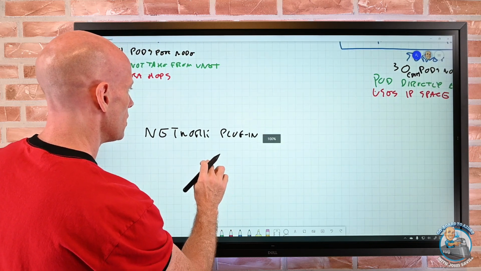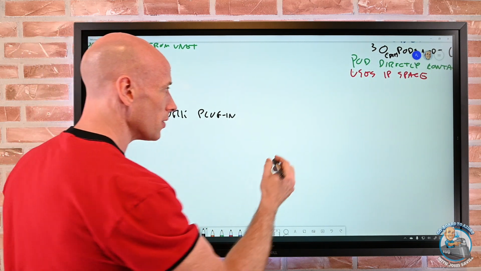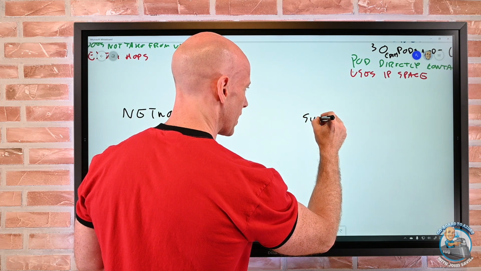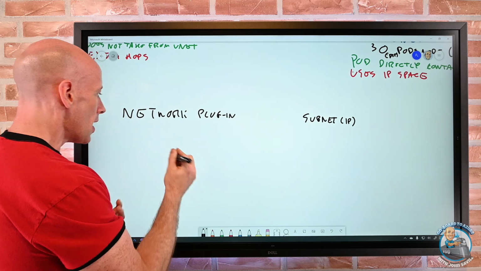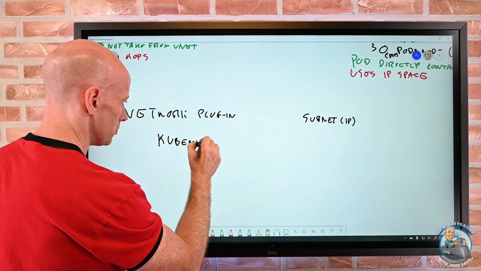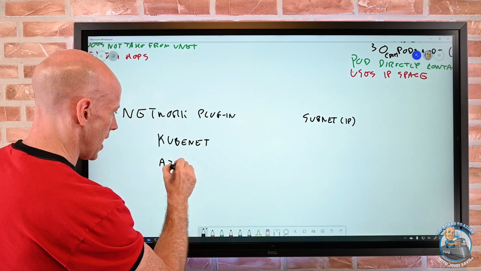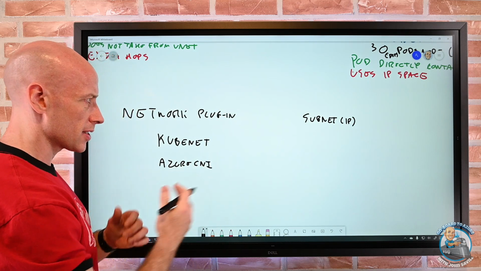There we go. We have the network plugin. And then after network plugin, we kind of have the subnet configuration, the IP. And I can think about, well, there's KubeNet, and there's Azure CNI, Container Networking Interface.